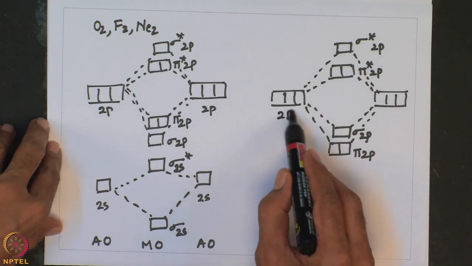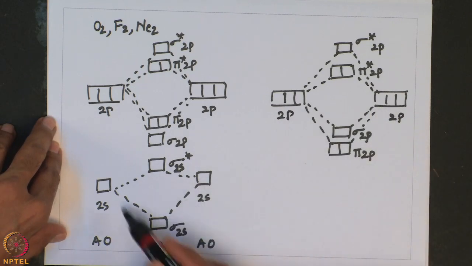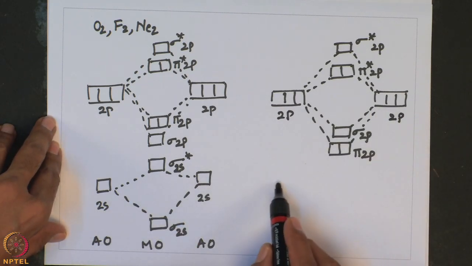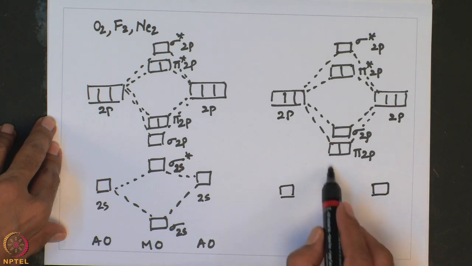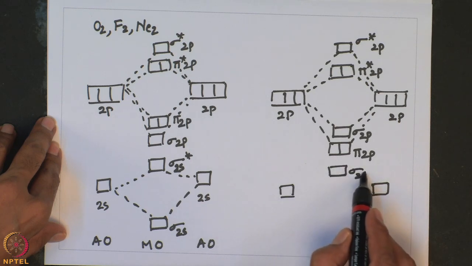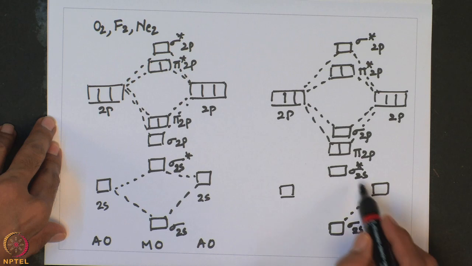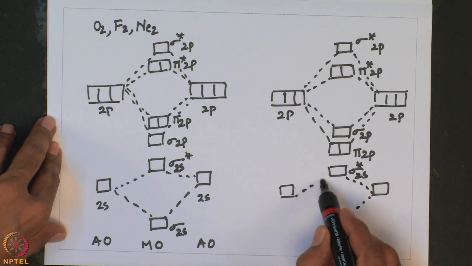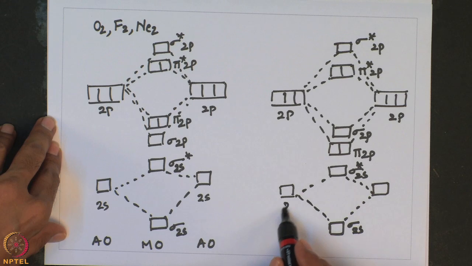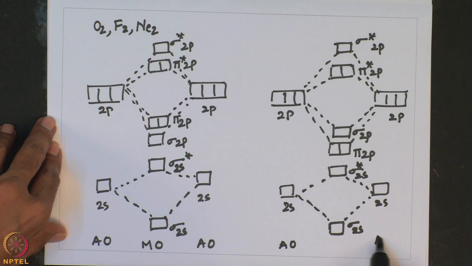This is 2p, this is 2p. There is no change in the 2s combination. This is 2s, this is 2s, again these are all atomic orbitals, and this is the molecular orbital for the diatomic species.